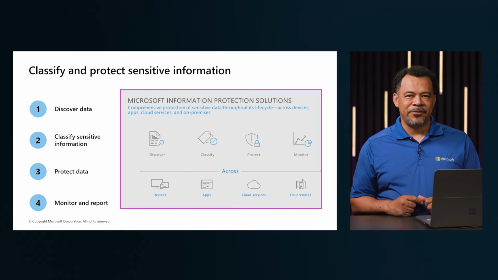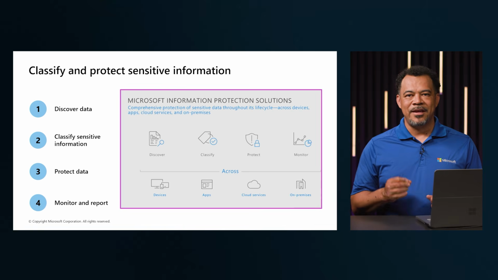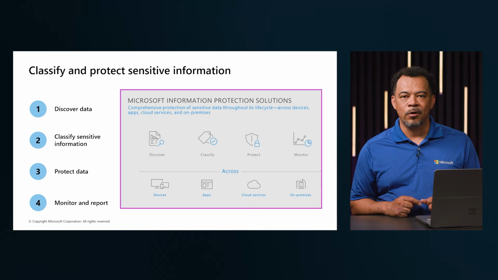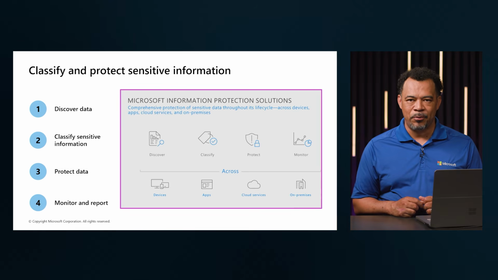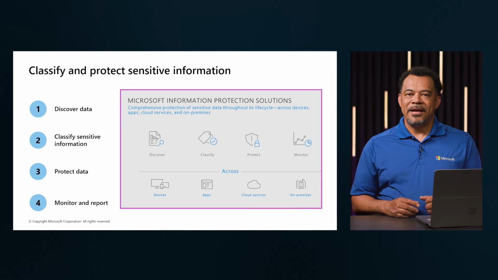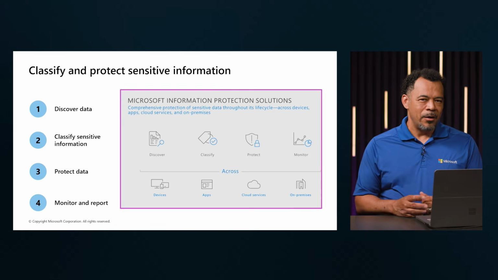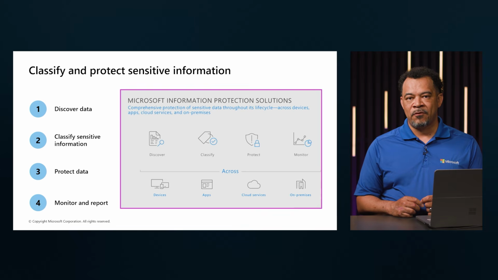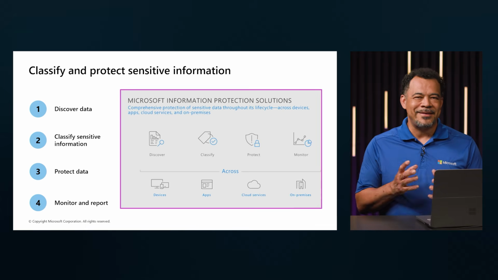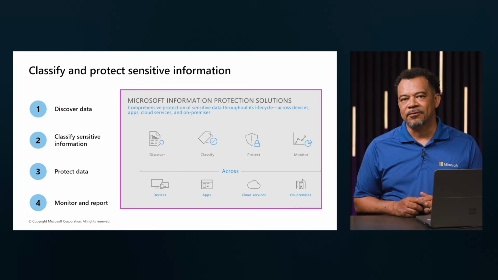In Microsoft Defender XDR, classifying and protecting information is essential for maintaining data security and overall compliance. The process begins with discovering data across endpoints, cloud services, and applications to identify where sensitive information resides. Once discovered, organizations must classify sensitive information using built-in or custom labels that reflect the data's confidentiality and the overall regulatory compliance.